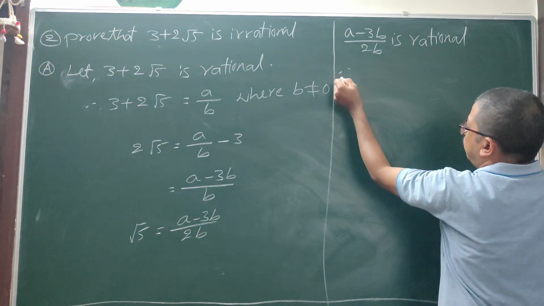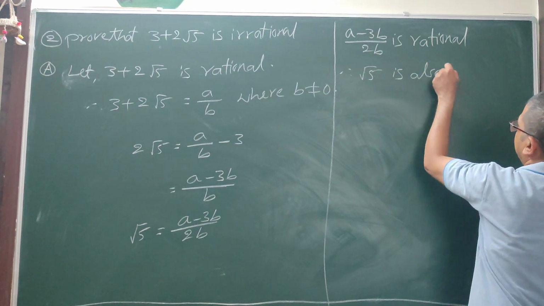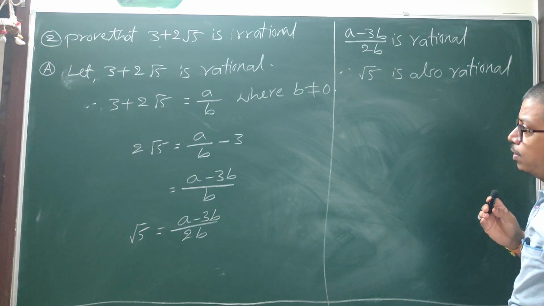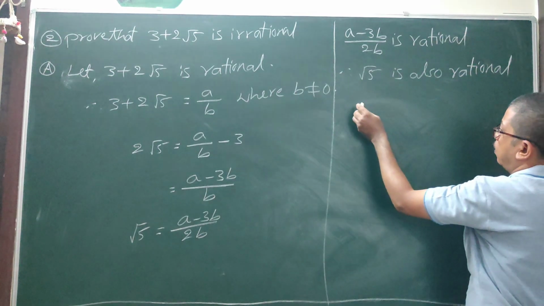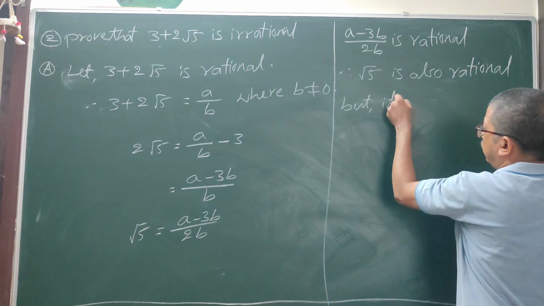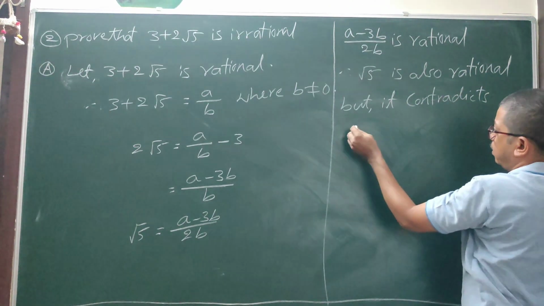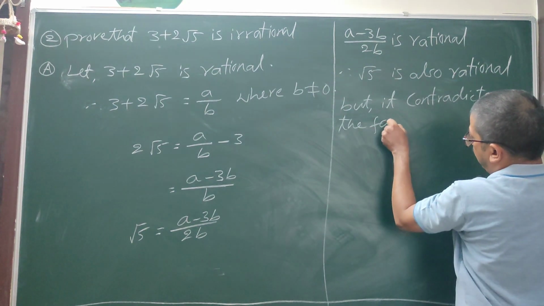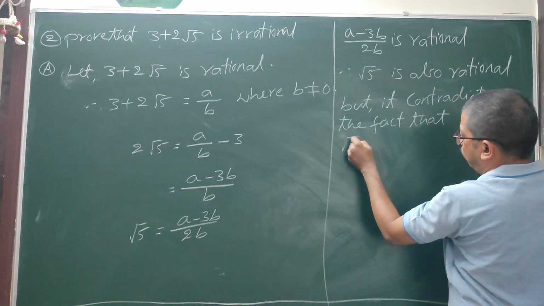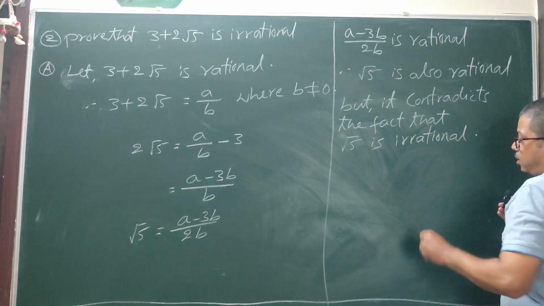Therefore, LHS part root 5 is also rational. But it contradicts the fact that root 5 is irrational.